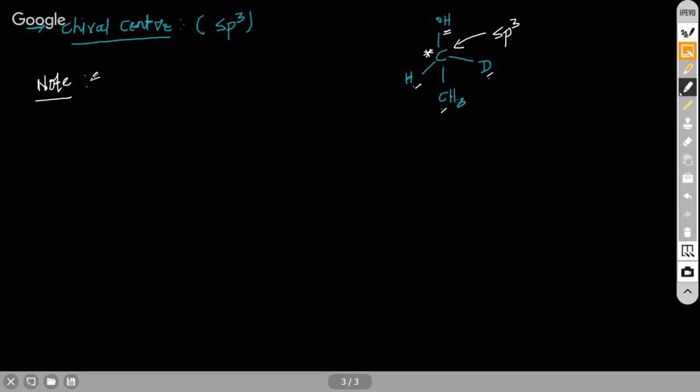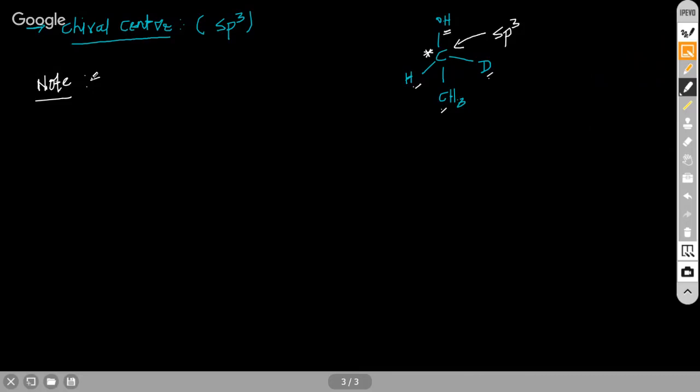Right? Next line. But if the molecule has only one chiral center, then it is said to be optically active.